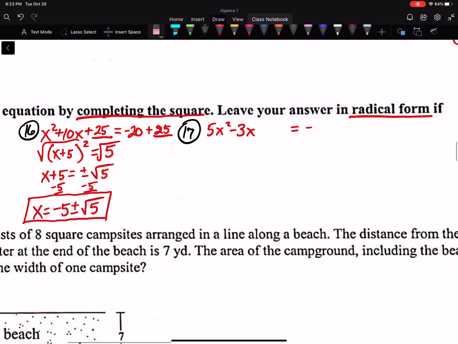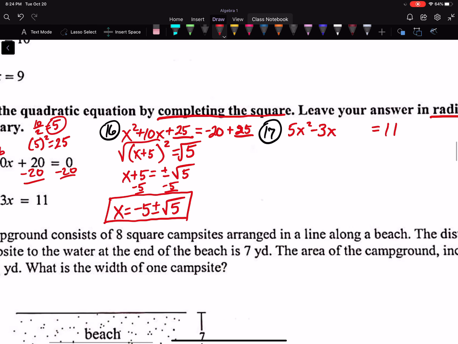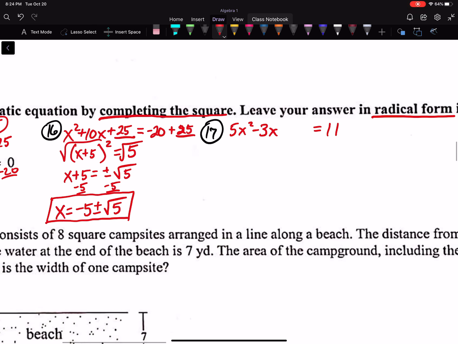Now, hopefully you remember that you can't complete the square unless a is 1. So my first step is to divide everything by 5. Okay? That will make a 1. It'll be x squared minus 3/5 x plus blank equals 11 over 5 plus blank.